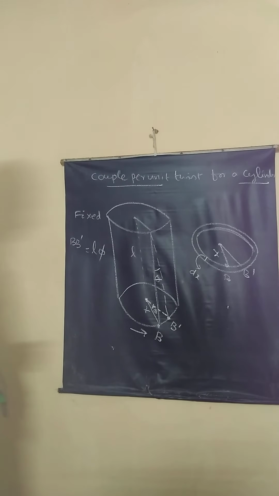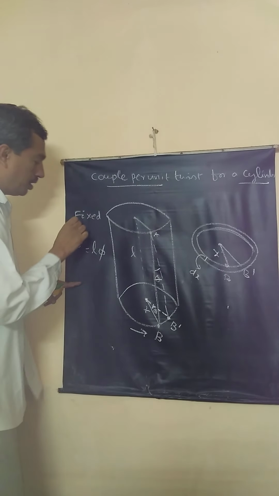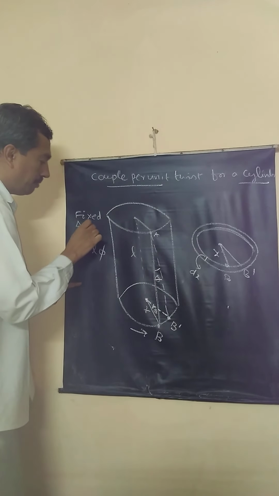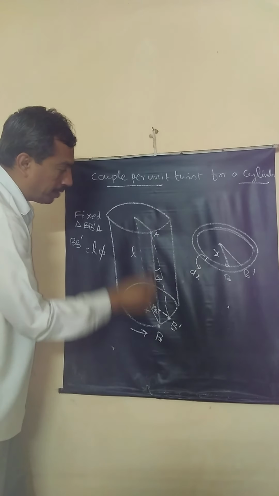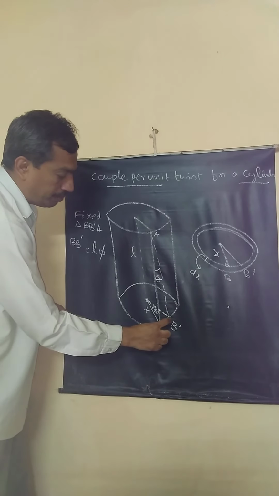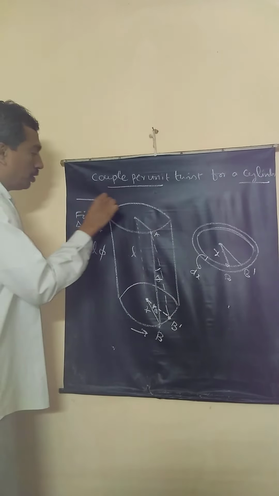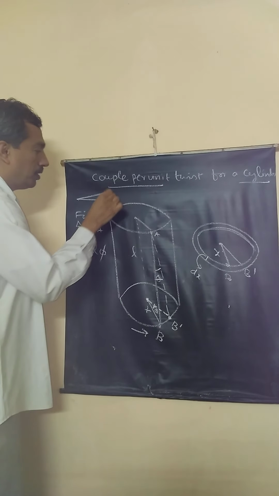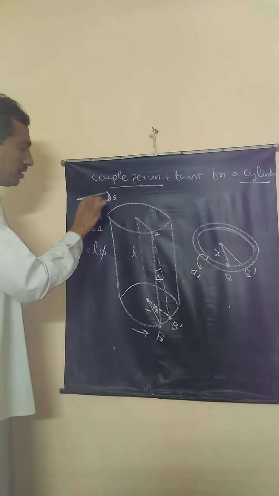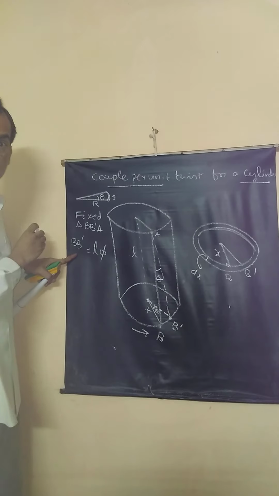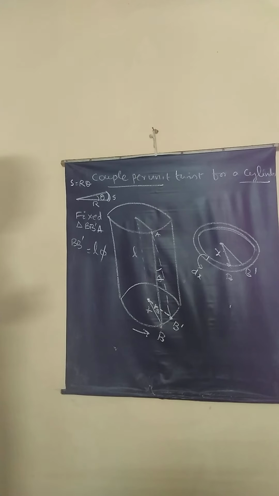Imagine this triangle B, B prime and A. From triangle B, B prime, A, this is phi. This BB prime is equal to length L into phi. Why? Do you remember this mathematical expression? If this is S, this is R, this is theta, when theta is very small, S is equal to R into theta. Correct? So I am applying that.